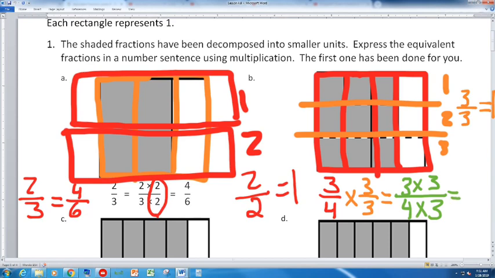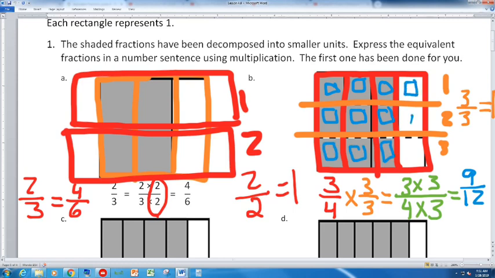And when we do that, 3 times 3 equals 9, and 4 times 3 equals 12. And if we look, we can count how many boxes we have shaded in. We have 1, 2, 3, 4, 5, 6, 7, 8, 9 shaded in out of a total of 10, 11, and 12 boxes. So 9 over 12 will be our equivalent fraction.